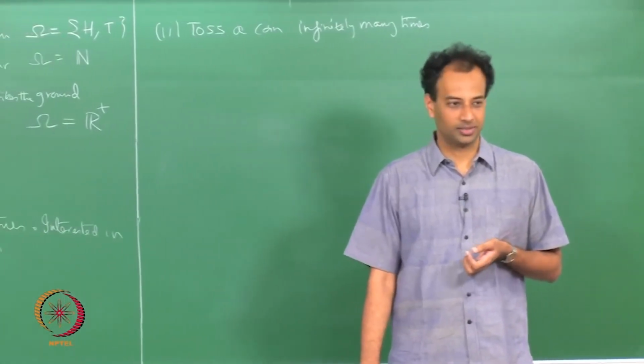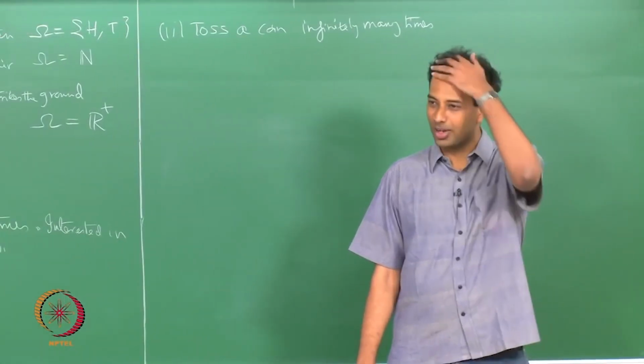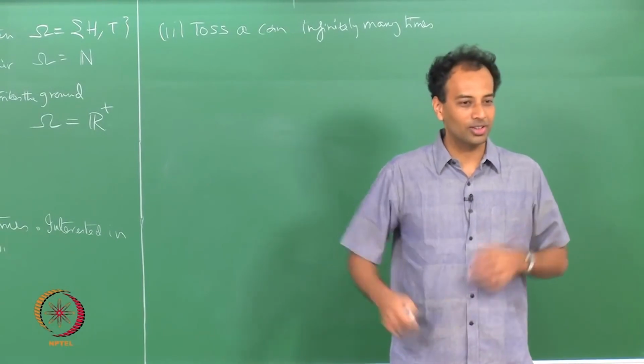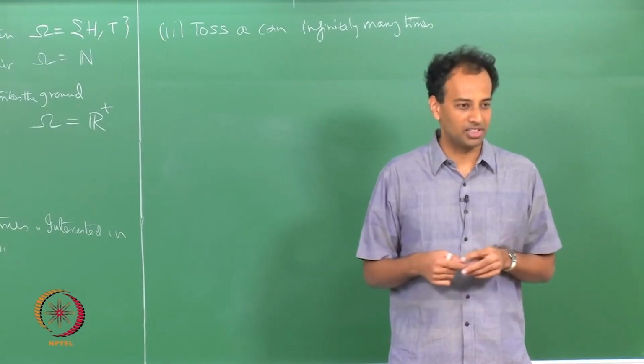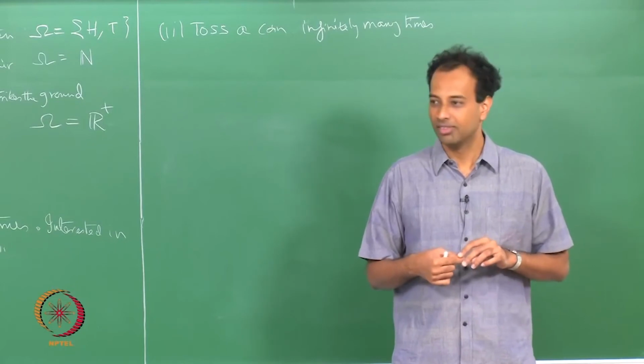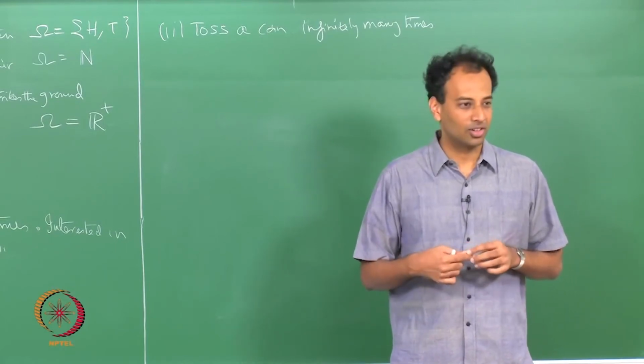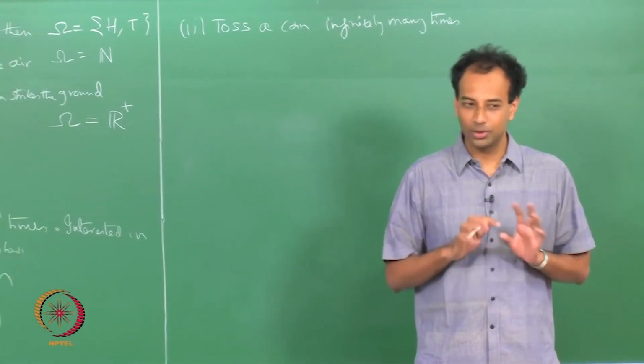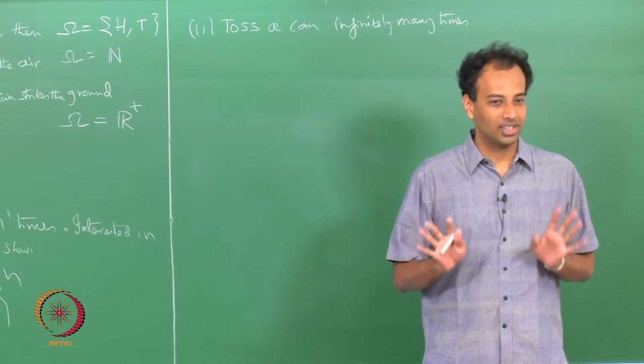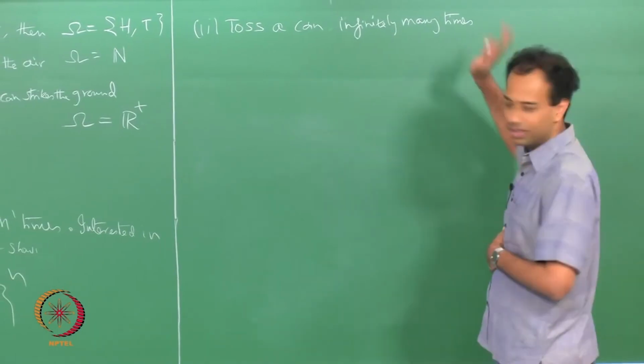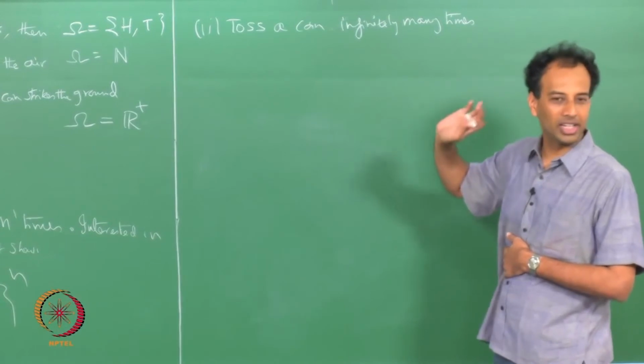Okay. So, you may wonder how do I toss a coin infinitely many times, will I ever finish, and then will I ever finish recording my outcomes and so on. But these things you do not worry about in probability theory. Okay. Again you will just say that you are tossing some coin infinitely many times.